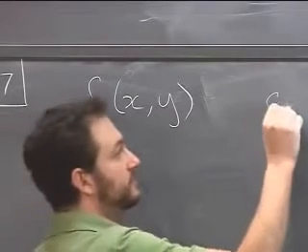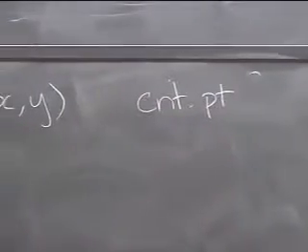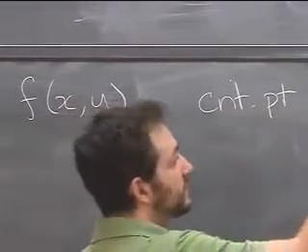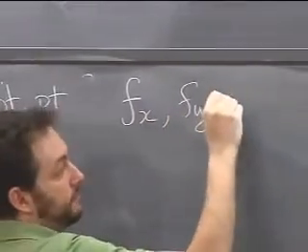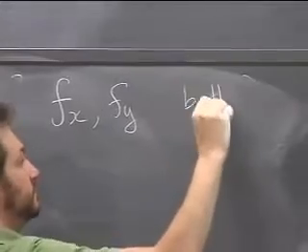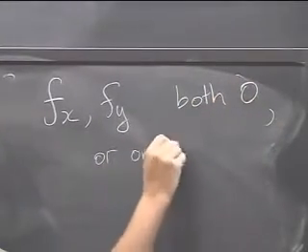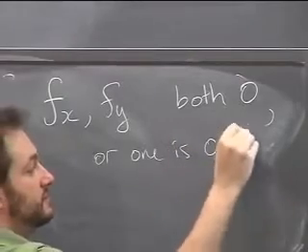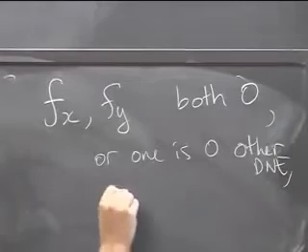At a critical point, I'm going to assume essentially that it's differentiable in general. A critical point has f of x and f of y either both 0 or one is 0 and the other does not exist, or maybe both don't exist.